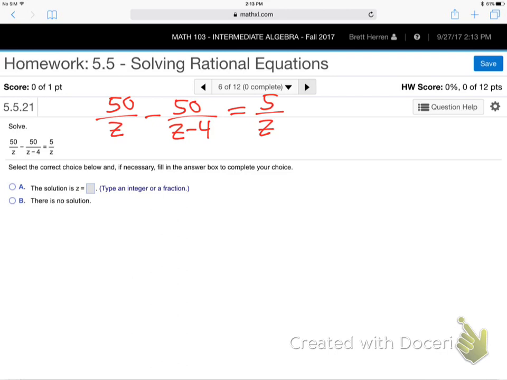Z squared minus 4z? What's the common denominator? Z and z minus 4. What have we learned? You're shopping, and what are you going to buy? One of each. So you buy one z and z minus 4 is a glued package, a single z and a z minus 4 package. You don't take both z's, do you? So it's z minus 4.